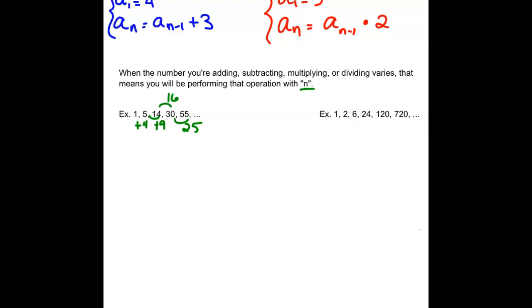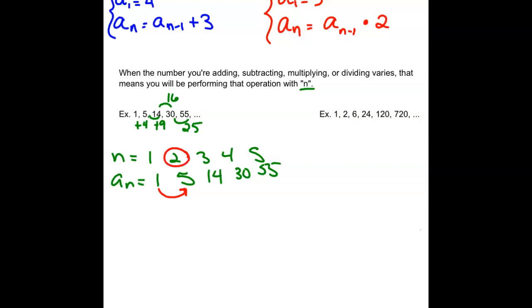So what I'm doing, if my first term was a 1, my next terms are 5, 14, 30, 55. To go from the first term to the second term, I added 2 squared.